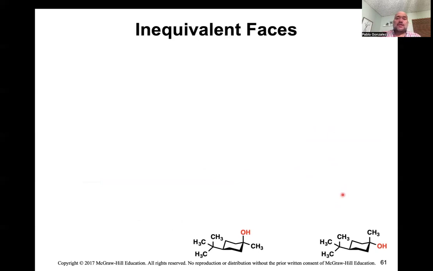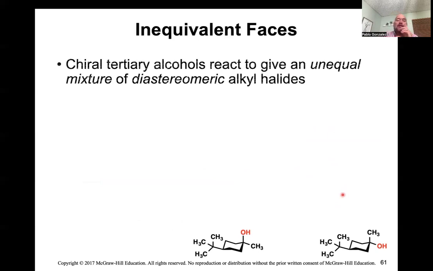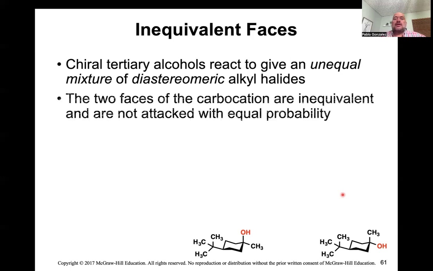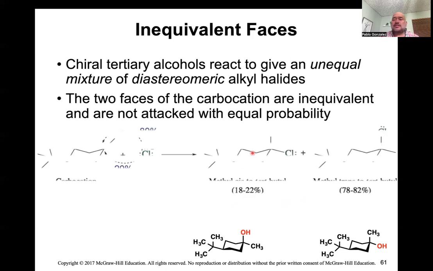What happens when we don't have equivalent faces? Chiral tertiary alcohols react to give an unequal mixture of diastereomeric alkyl halides. This happens because we have a molecule that has two non-equivalent faces. They are not the same on each side.